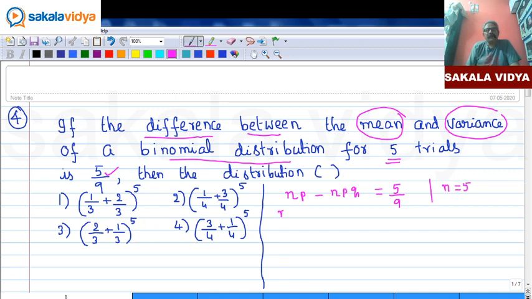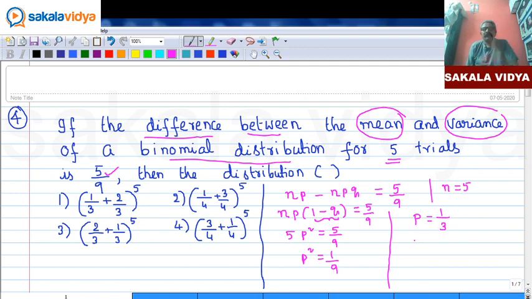Taking np common, we have 1 minus q equal to 5 by 9. Substituting n as 5, 1 minus q is nothing but p. So we have 5p square equal to 5 by 9. So p square is equal to 1 by 9. Now p equals the positive square root only, because probability is always positive. p is equal to 1 by 3. q is equal to, simple logic, 3 minus 1 is 2 by 3.